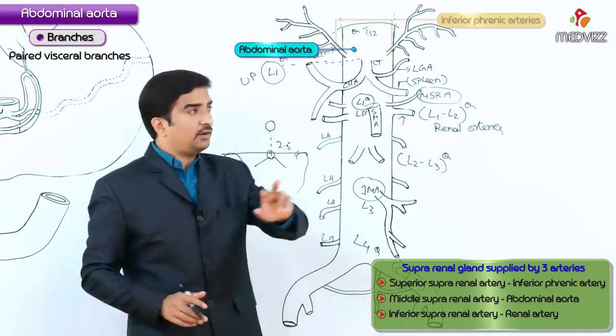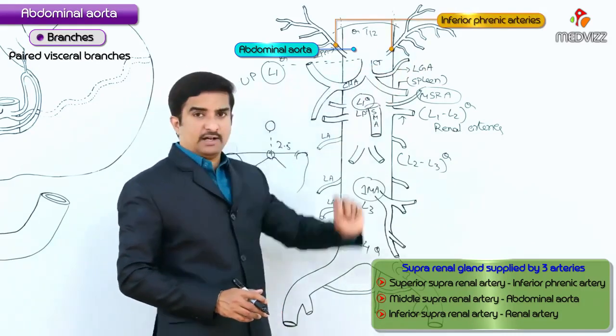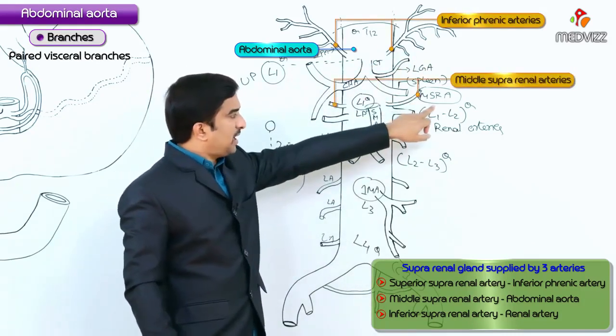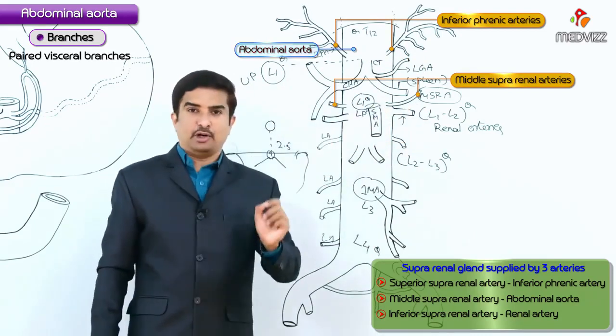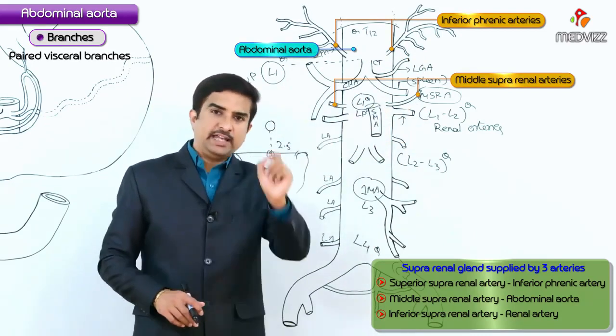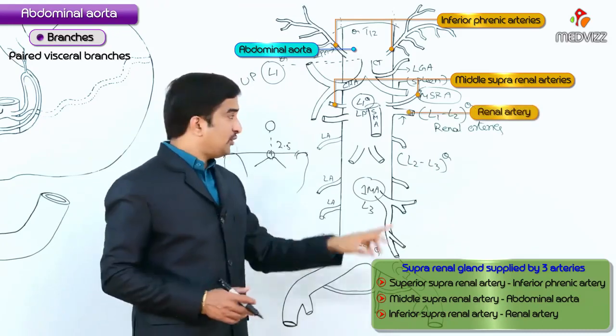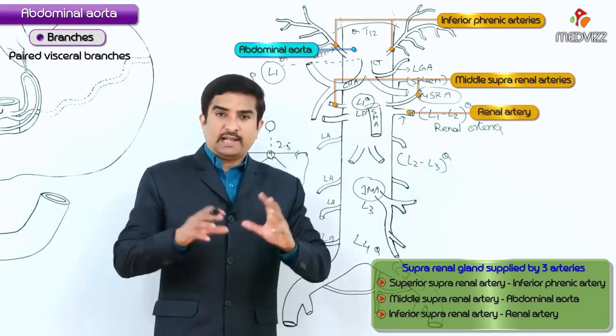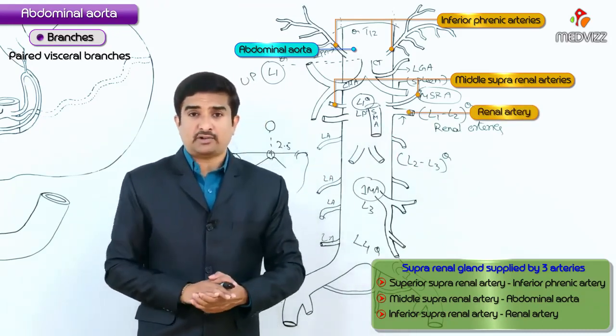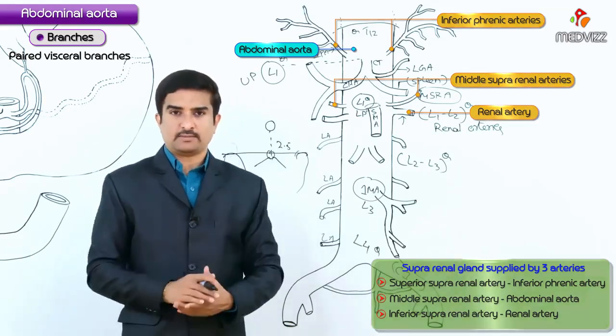Superior suprarenal artery is a branch of the inferior phrenic artery. Middle suprarenal artery is a direct branch of the abdominal aorta, and the inferior suprarenal artery is a branch of the renal artery. So it has multiple arterial supply from multiple branches.